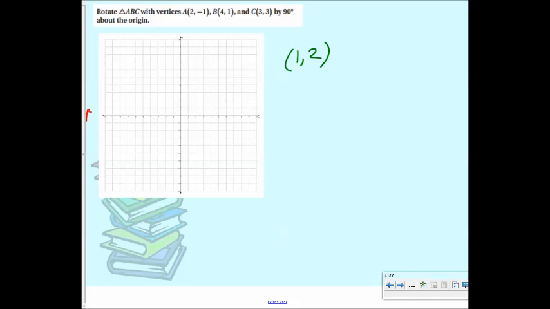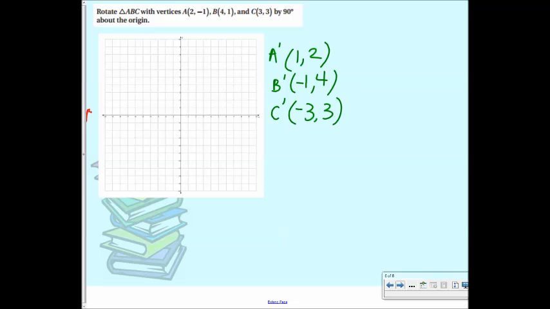And then B would become (-1, 4), and C would be (-3, 3). Good. So it flips it and it makes it opposite. So if it was negative, it becomes positive. Okay, so now I just plot this. I don't ever do the original, but you can if you want to.